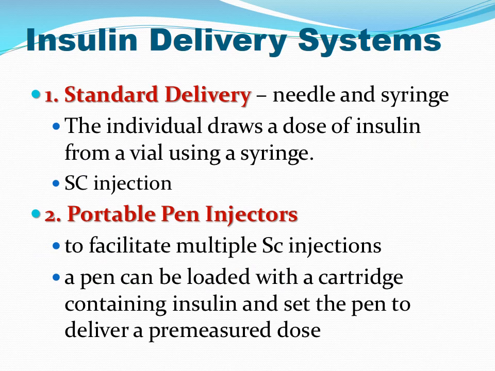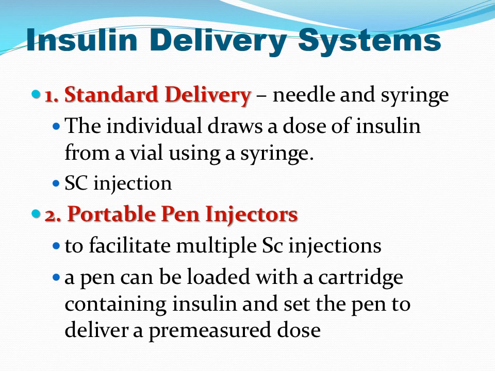Insulin delivery systems, that's how we give insulin to the patient. Standard delivery uses a needle and syringe. The individual will draw the dose of insulin from the vial using a syringe and inject it subcutaneously.